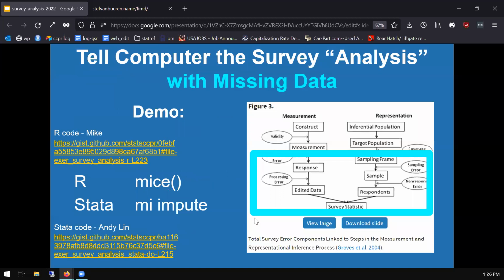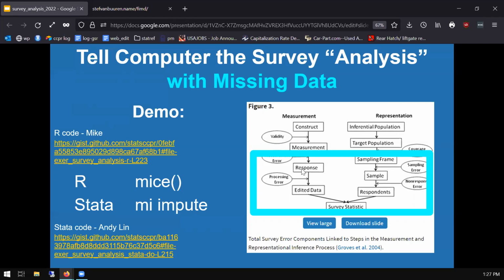Before we do that, we're at the home stretch where, at this stage, the final point of that outline, we're tying everything together. Up until now, we focused on the representation branch. How did the people you selected, the 50 people you selected into your data set, upweight back into the target population you care about? Here, dealing with missing data, we've started to consider the measurement branch.